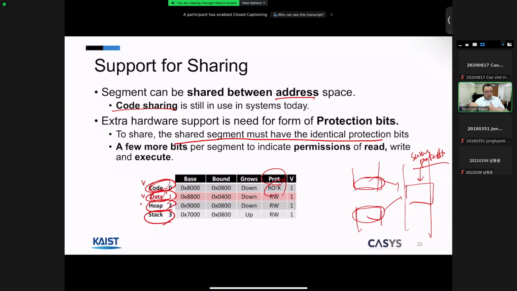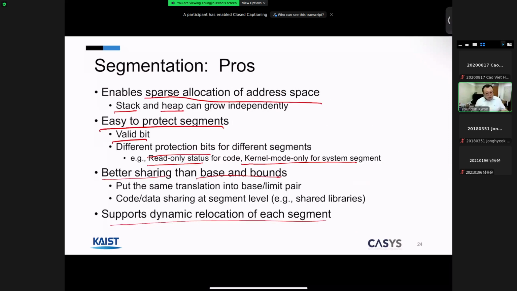So there is much more flexibility for managing physical memory space. That actually helps to eliminate external fragmentation.